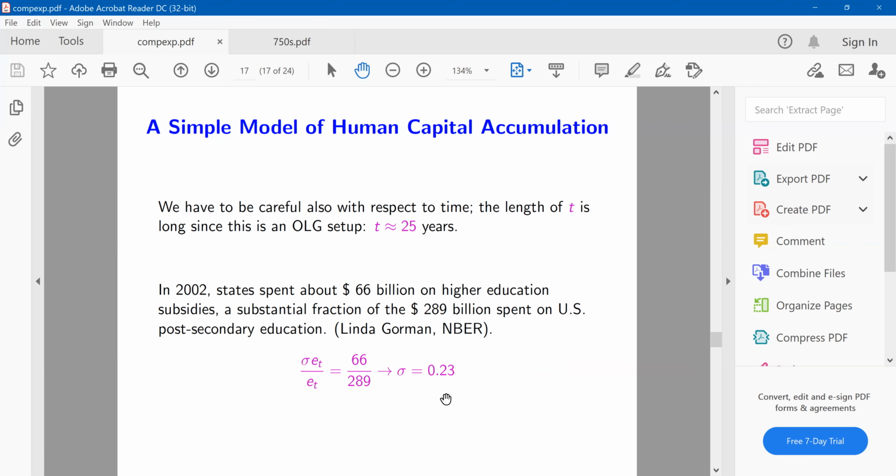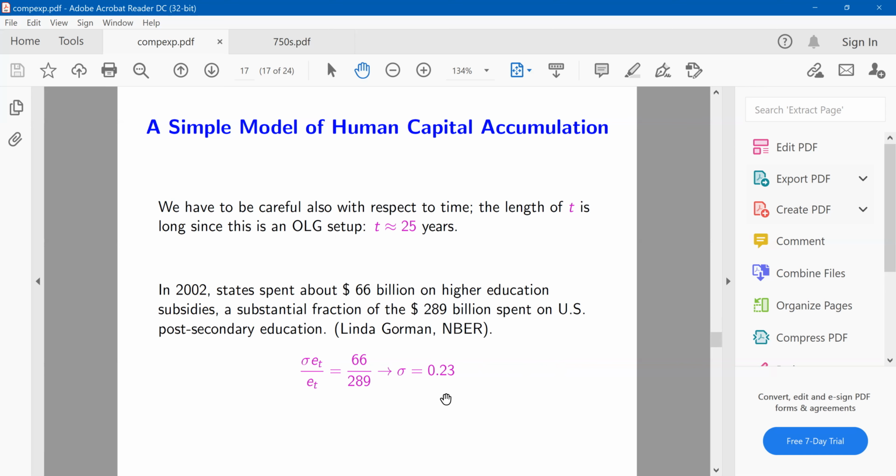And here, of course, I'm ignoring that this is just for higher education, right? So, of course, it could differ for high school, sorry, it could differ for elementary schooling. But there is at least one type of data that tells me that about one-fourth of total education spending in higher education in the US is actually subsidized. Okay.